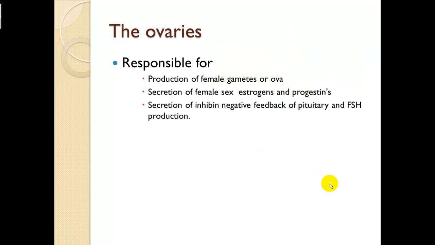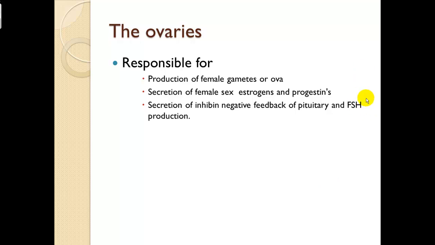Alright, the ovaries. They're responsible for the production of female gametes or ova, or eggs, secretion of female sex hormones estrogens and progesterone, secretion of inhibin, which is a negative feedback system of the pituitary and follicle stimulating production.